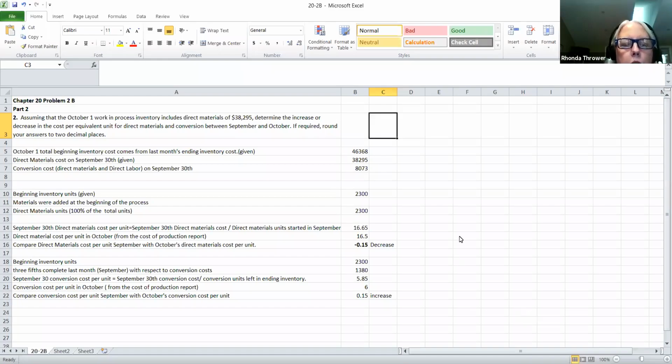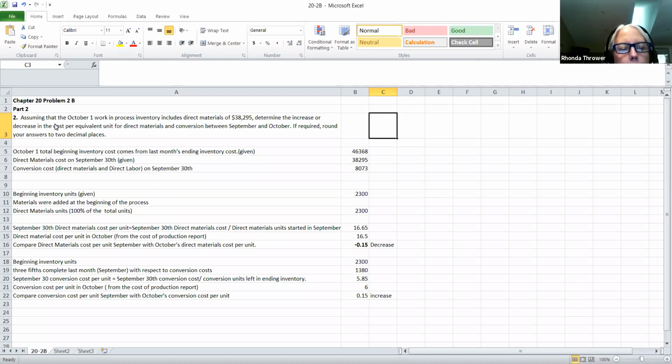And I'm going to go to a new share. And I want to show you the Excel spreadsheet that I've prepared for the second part of this problem. And you should be able to see that Excel spreadsheet now.